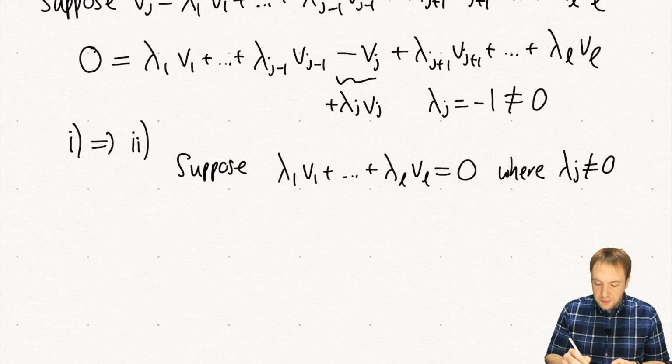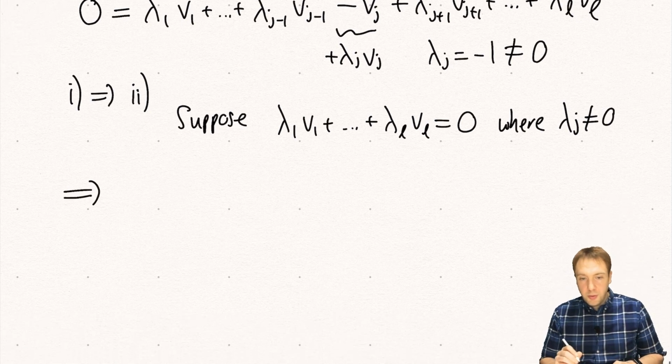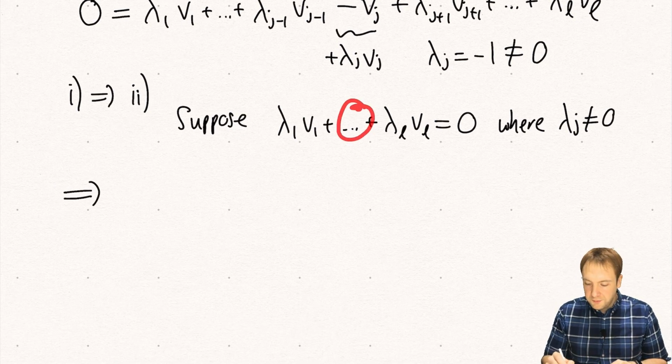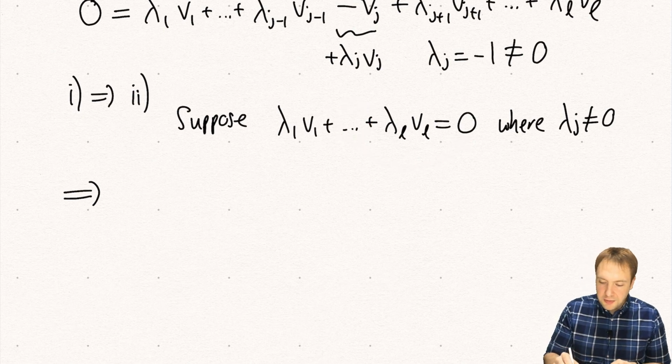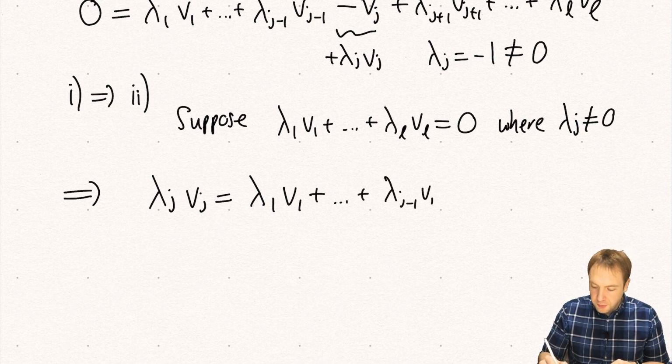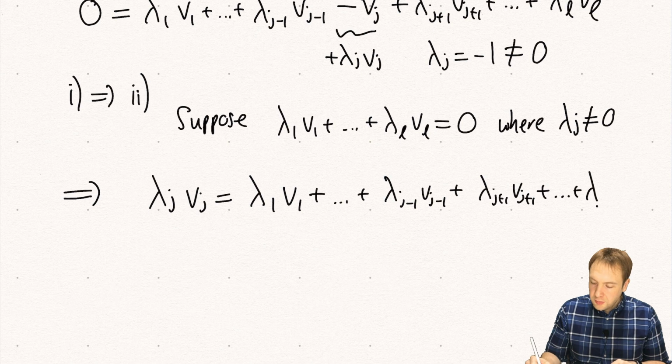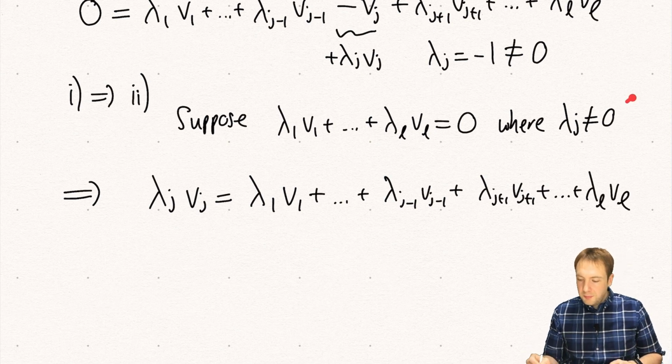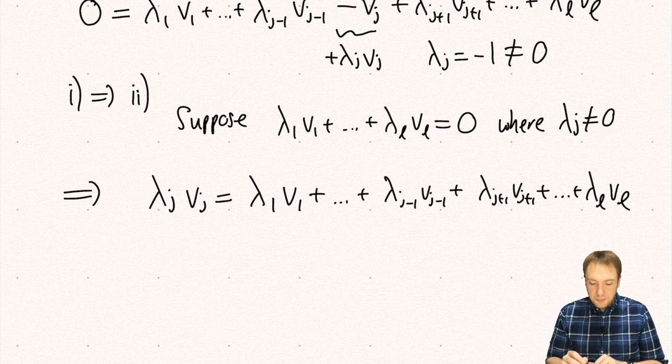Then what we can do is bring this vj to one side, so we could write lambda j times vj equals the other vectors, and here I need to leave this one out again. But because this lambda j is not 0, we can divide by this lambda j.